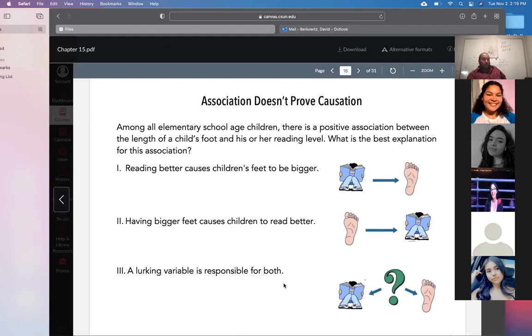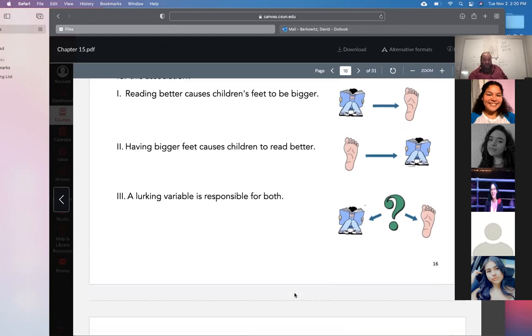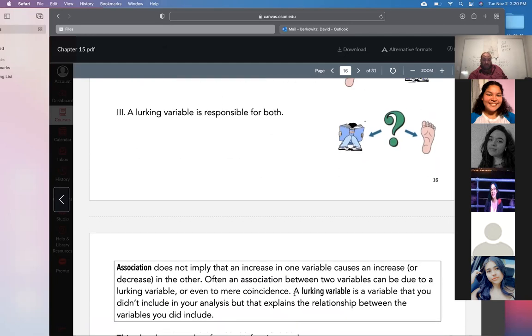So the lurking variable behind the scenes is just age. So yes, statistical fact, bigger feet, better reading. But lurking behind the scenes is this lurking variable, age. Seems reasonable, makes sense? I hope so.